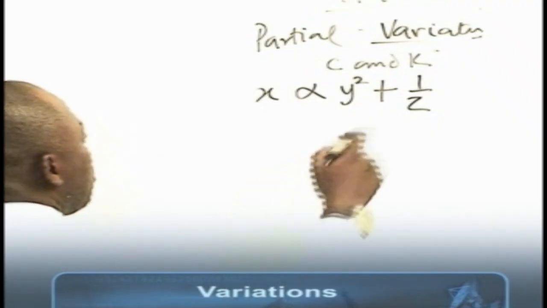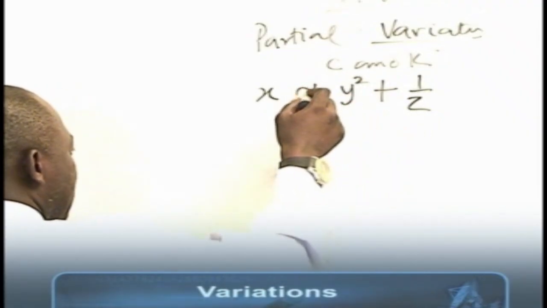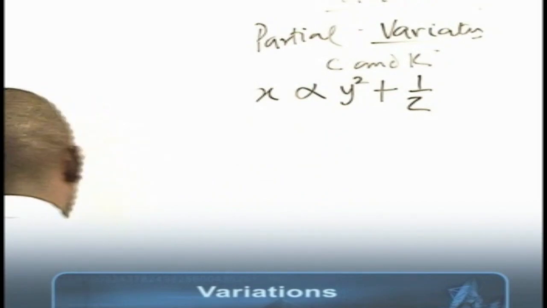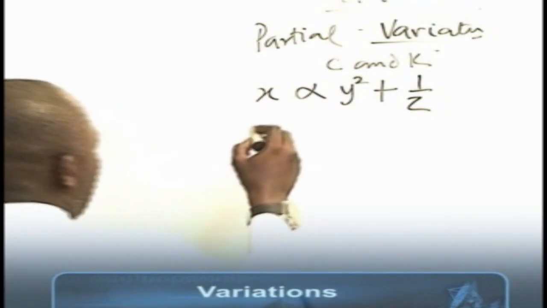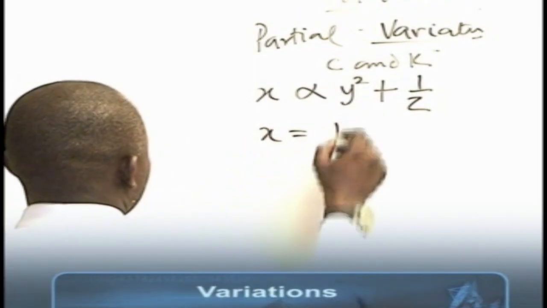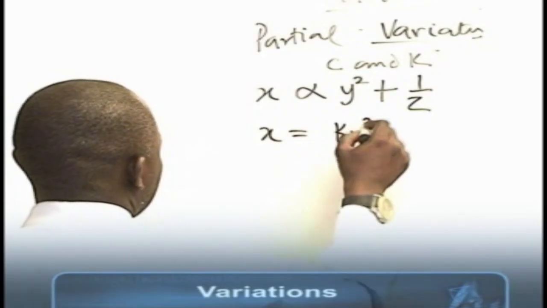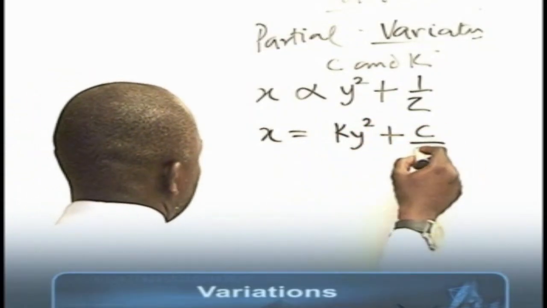The second variable is added to the first one, and the variation sign is still there. When you want to introduce the constant, it usually has 2 constants. So we have x equals the first constant k y squared plus c over z.